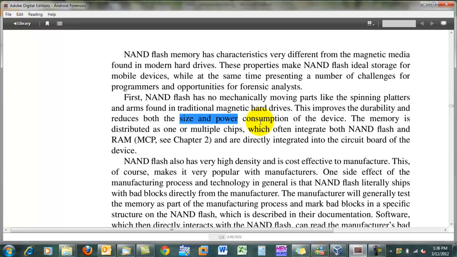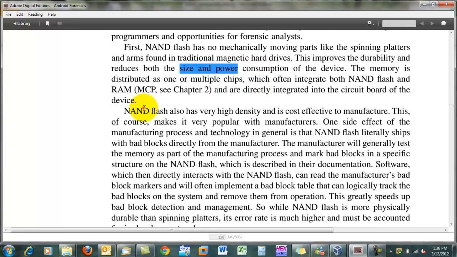NAND flash is high density, meaning you can create a lot of them. It is cost effective to manufacture. Bear in mind, if you go to Sim Square, you realize the cost of an SSD or NAND flash hard drive is still very expensive compared to the traditional hard disk. So what do we mean by cost effective here?